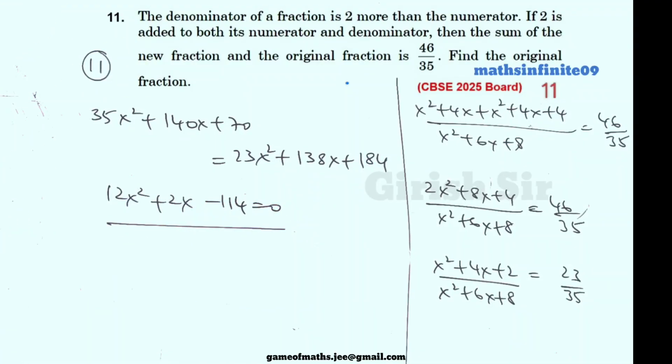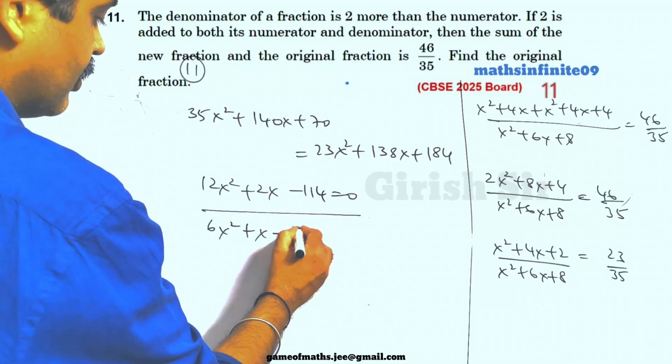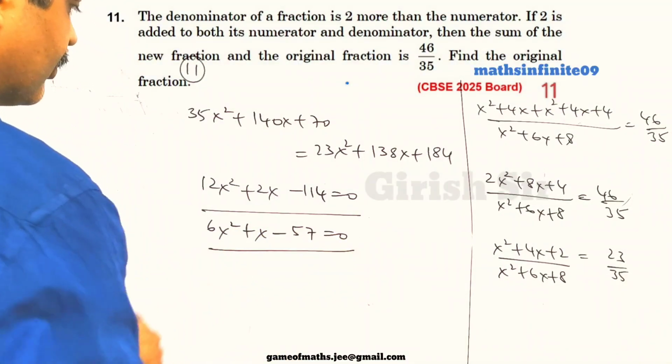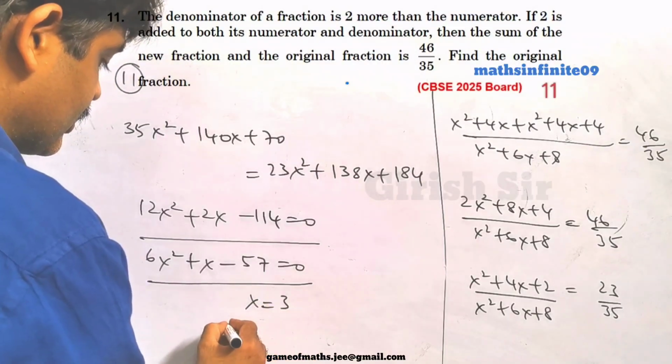So this is a quadratic equation we have obtained. Right, like this. Cancel out the common factor 2. Now we will be getting the value of x as 3.